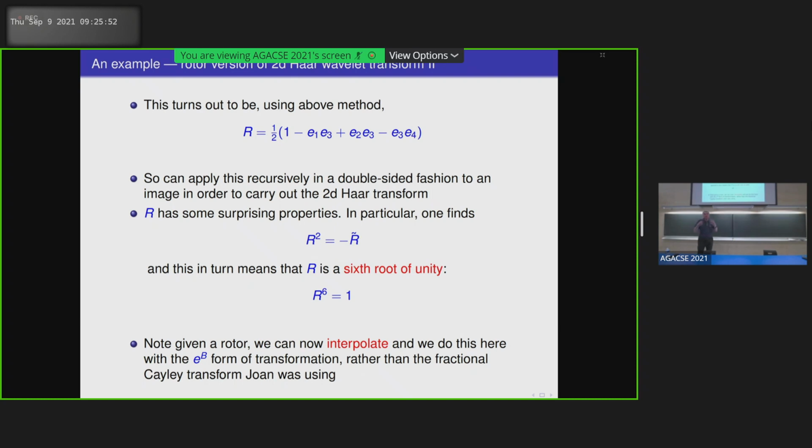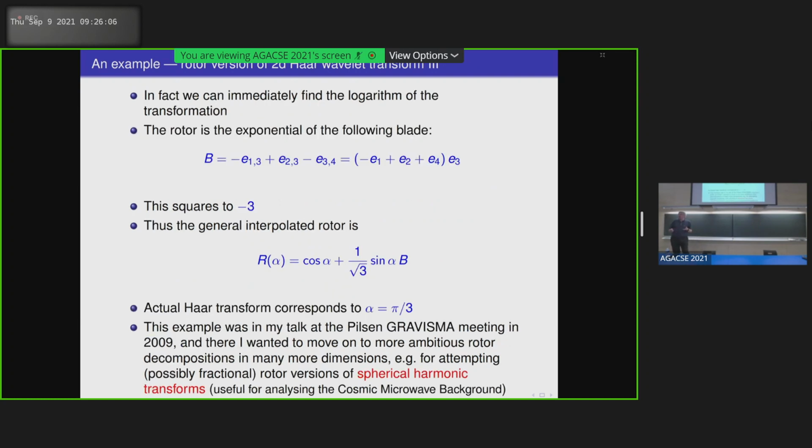Now, given a rotor, we can of course interpolate, and that's what Joan was talking about, and thinking about it here in terms of an e to the B form of transformation rather than the fractional Cayley transform Joan was using. Let's see if we can get the interpolated Haar transform using the exponential form, and the logarithm of the transformation is very simple. The rotor is the exponential of the following blade.